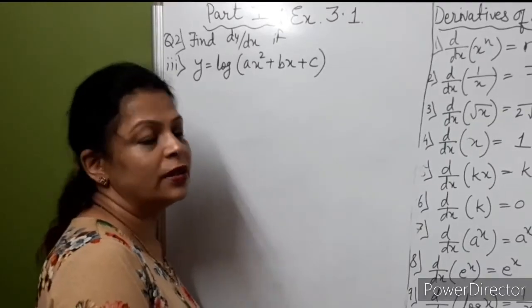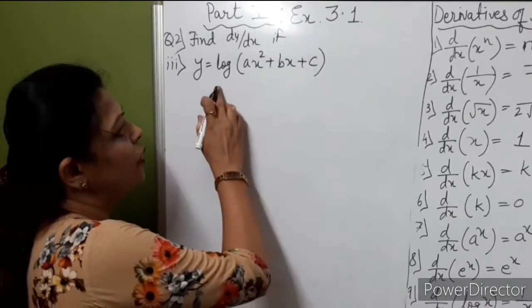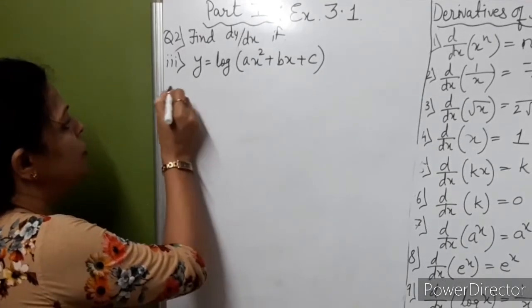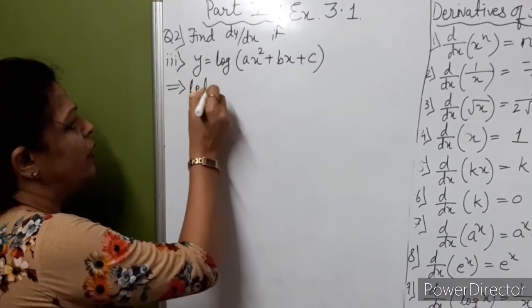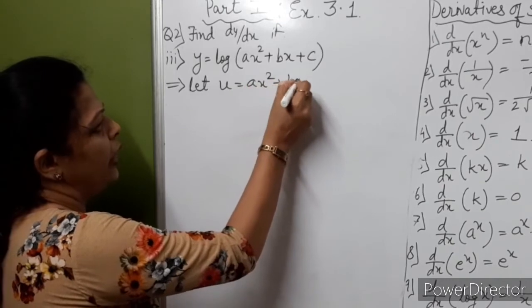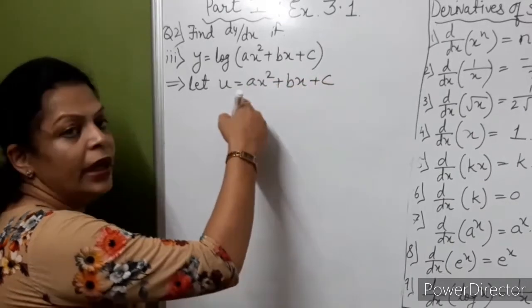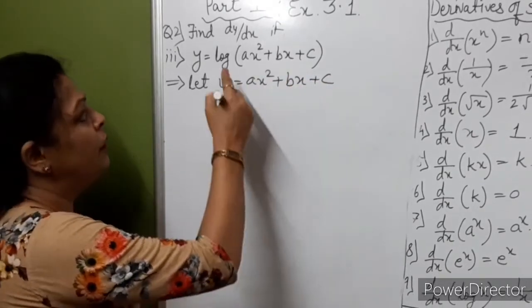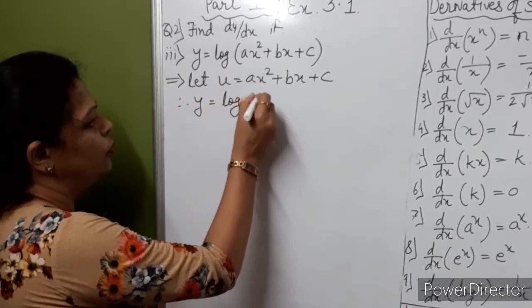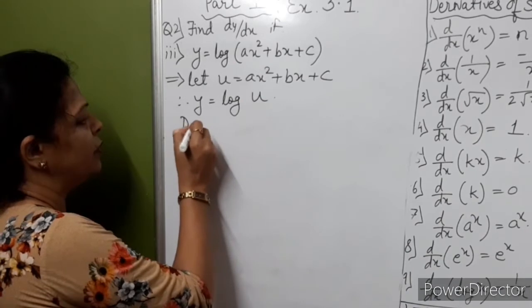Let's see the third sum. Y is equal to log of ax square plus bx plus c. So as usual, first let u is equal to ax square plus bx plus c. Now here a, b, c are constants. So therefore your y is log u. Very simple sum.